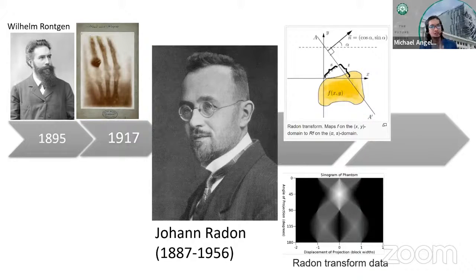Professor Radon introduced this integral transform, which became the theoretical foundation of tomography. And tomography is an imaging technique by sections or sectioning that uses any kind of penetrating wave, such as X-ray. So tomo means cut, and we can see the cross-section through this technique.